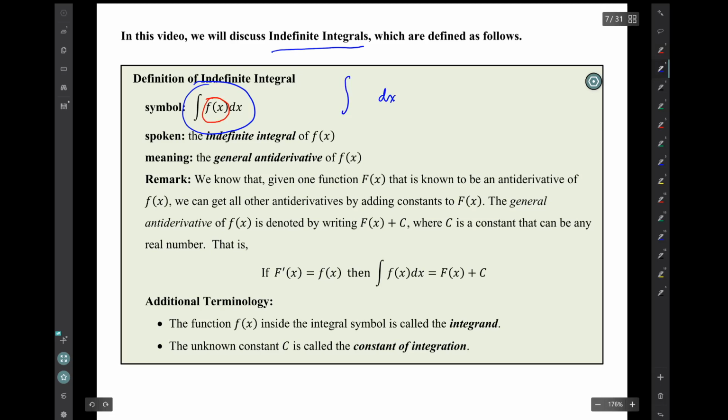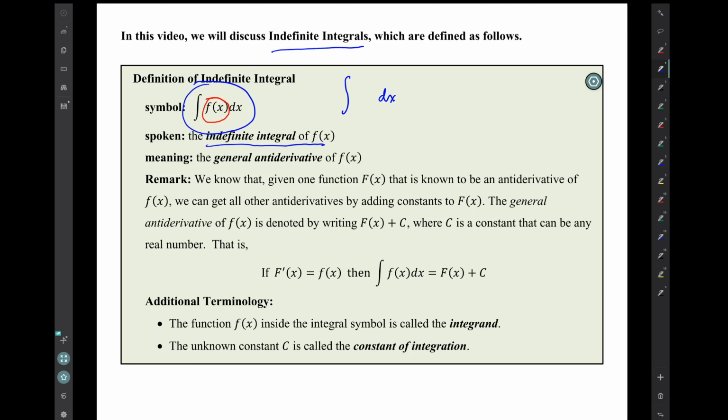This large S-like thing on the left is actually meant to look a little bit like an S. And on the right side of the little f of x, there's a dx. We'll discuss why this symbol is used in a future video. This symbol is spoken the indefinite integral of little f of x.